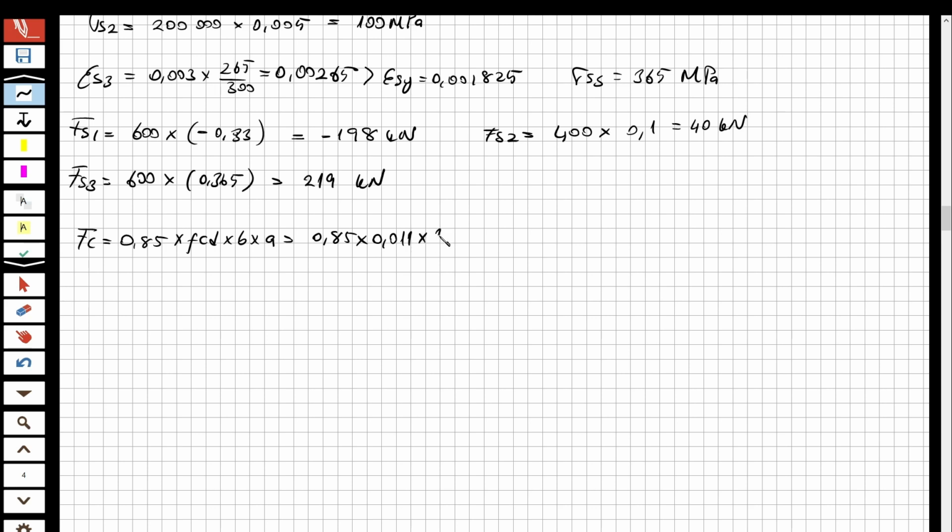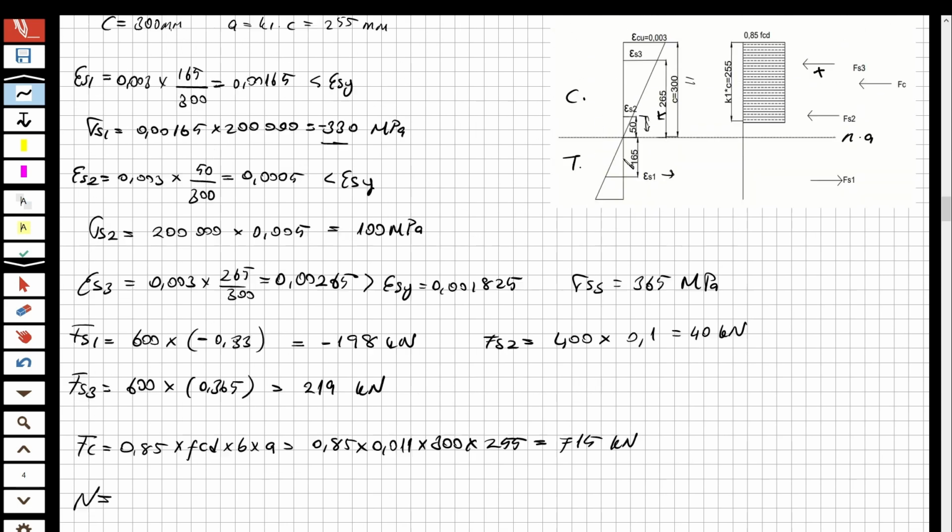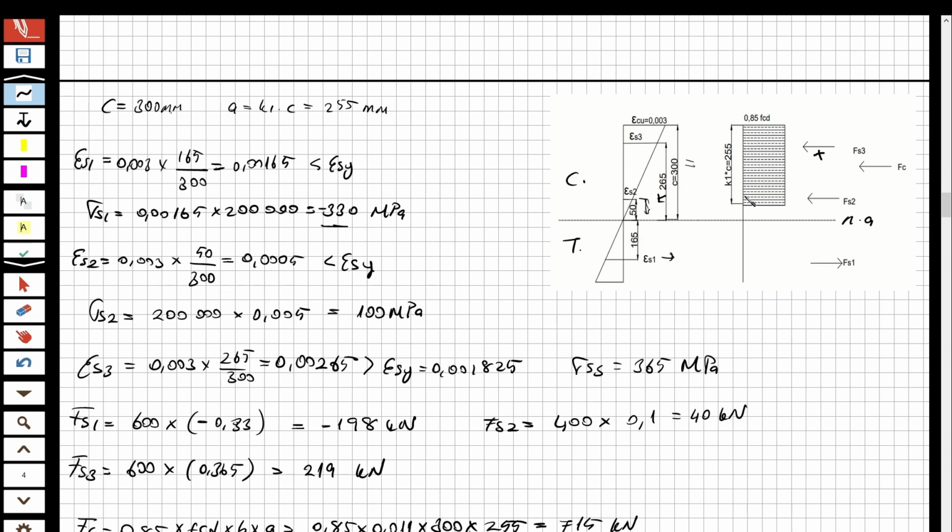What is b? b is 300, multiplied also by a. So let's check a. a is 255, and the value of F concrete is going to be 715 kilonewton.